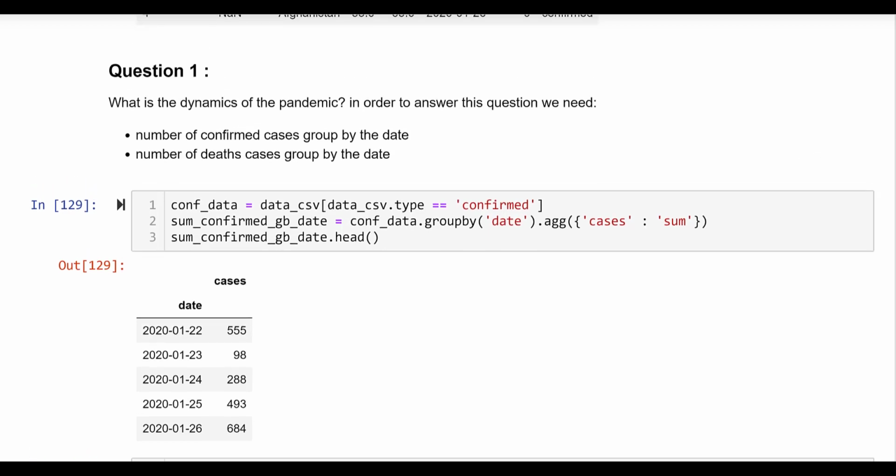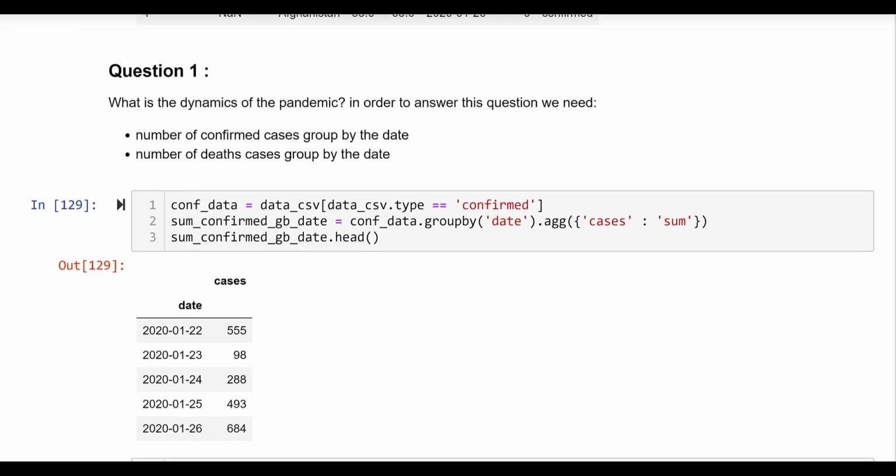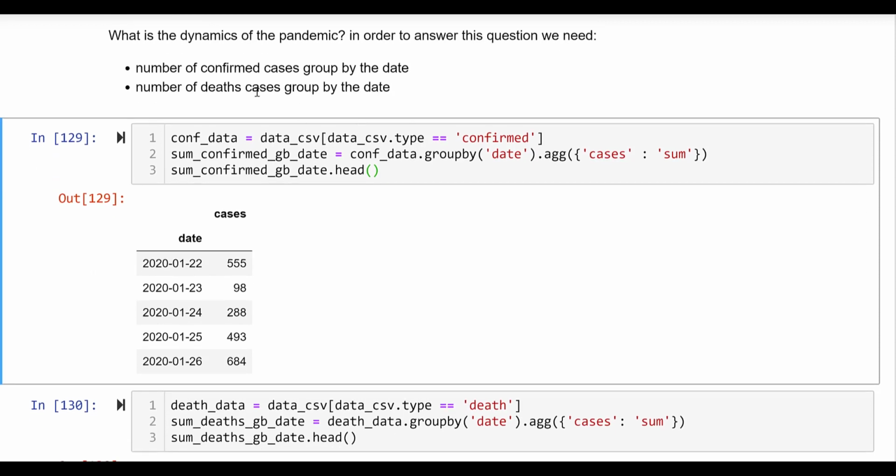Okay, so as the first question, we have: what is the dynamics of the pandemic? In order to answer this question, we need the number of confirmed cases grouped by the date, and also the number of death cases grouped by the date. So in order to get these two pieces of information, I wrote some code. Here, I got the number of confirmed cases grouped by the date.